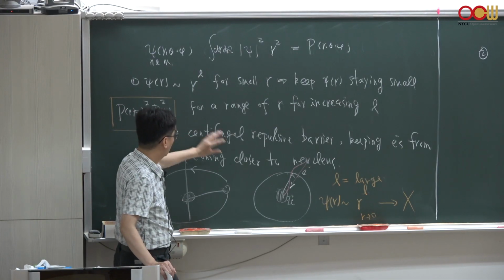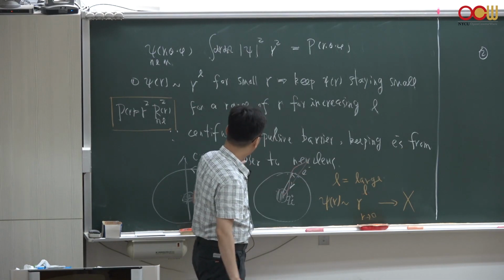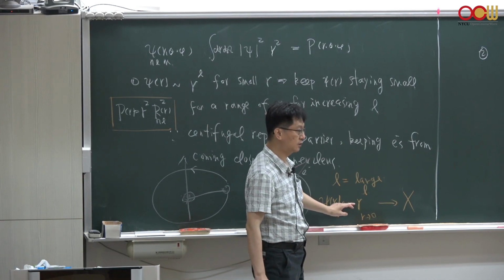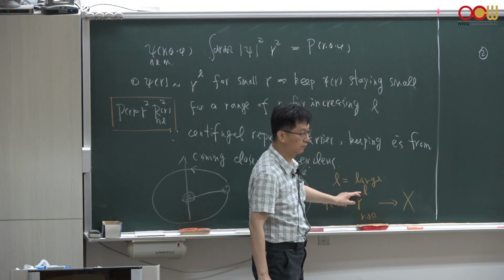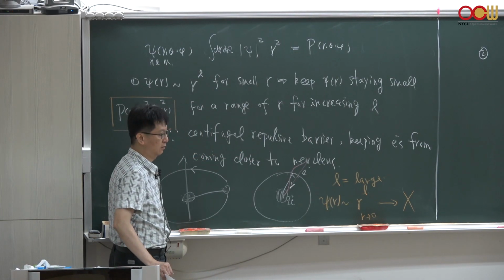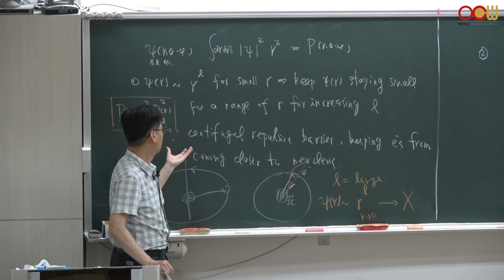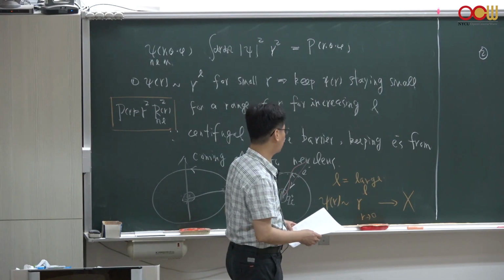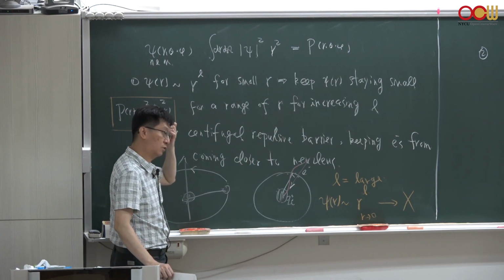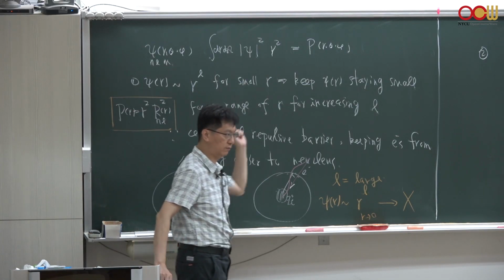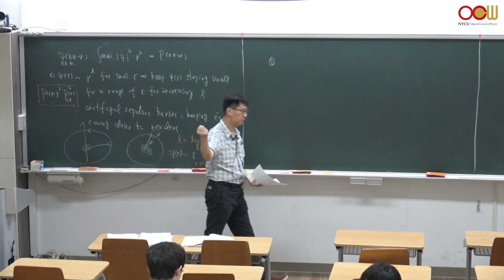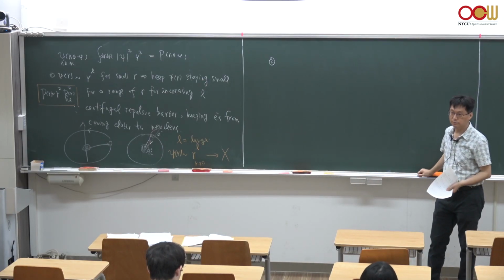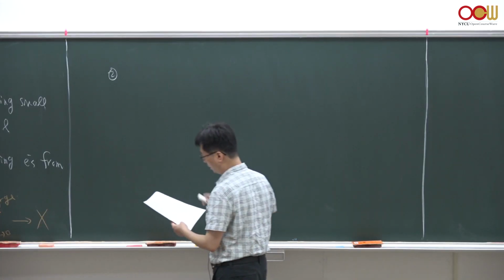The probability of these electrons in the small radius limit is really, really tiny, because this is increasingly smaller and smaller for increasing L. This is an effective centrifugal repulsive barrier that keeps the electrons from coming closer to the nucleus core, just like a classical object with a very large angular momentum that is always staying at a finite distance away from this origin. So that's one property of the psi of r.